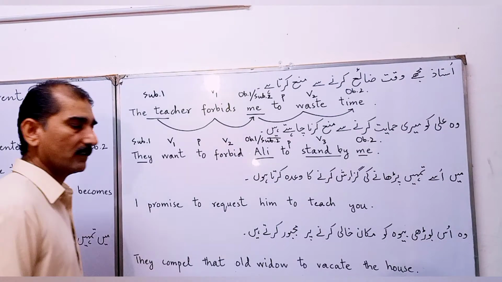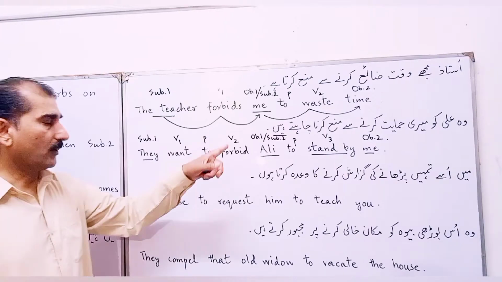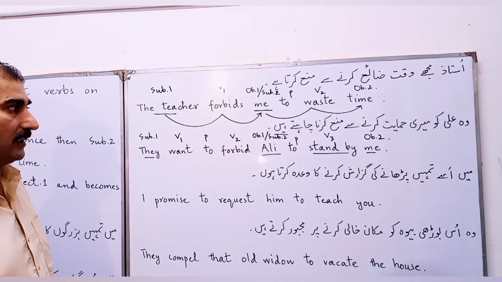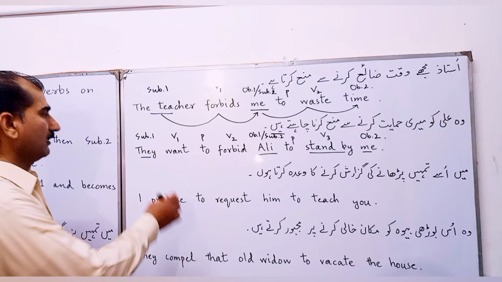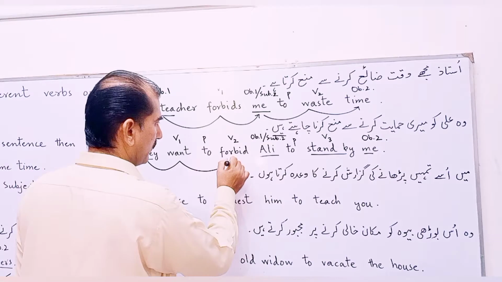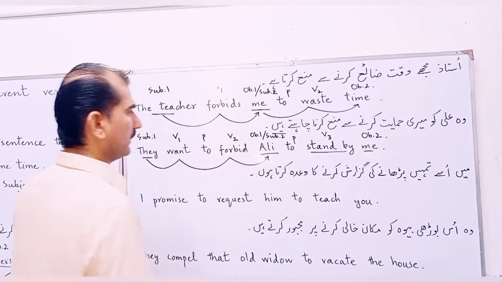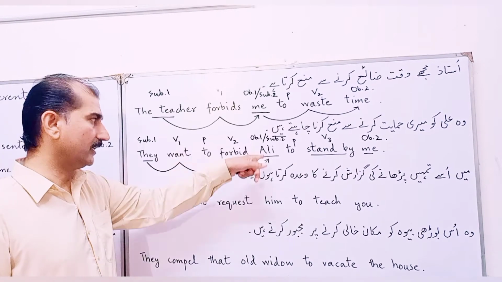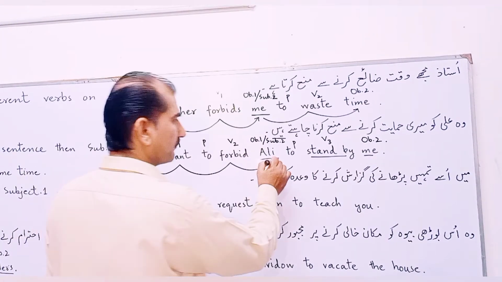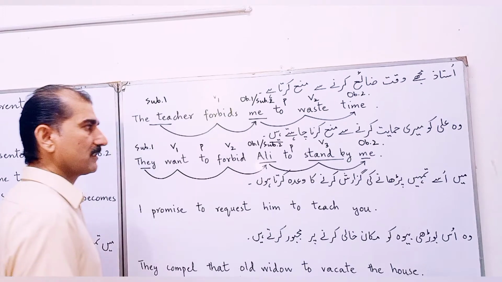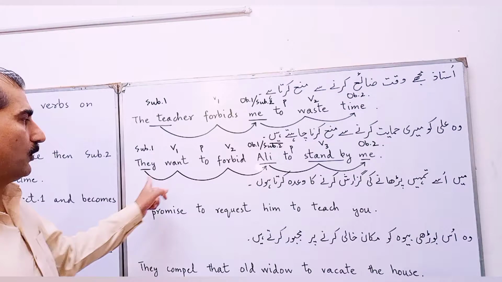Now let's check it again. They want to forbid Ali to stand by me. वो अली को मेरी हिमायत करने से मना करना चाहते हैं. They are applying this verb and this verb on this object, Ali. वो मना करना चाहते हैं अली को किस काम से? To stand by me, मेरी हिमायत करने से. वो मना करना चाहते हैं.